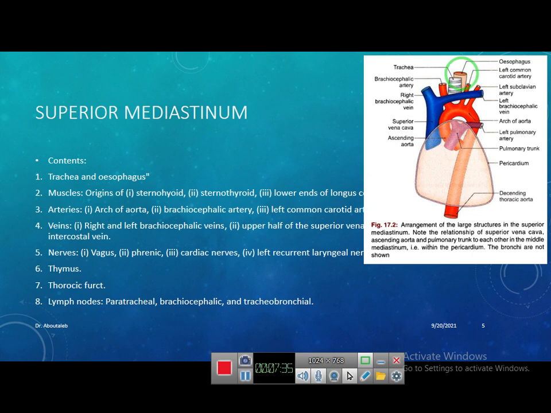Number two is muscles. There are some muscles in the superior mediastinum, for example, the origin of sternohyoid, sternothyroid, and the lower end of longus colli. Longus colli is one of the muscles located in the neck.